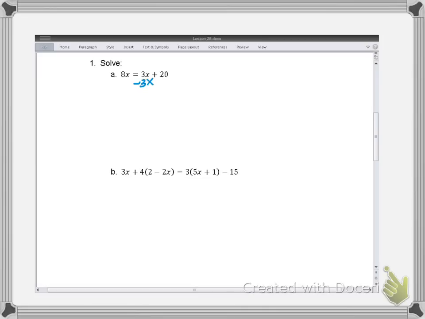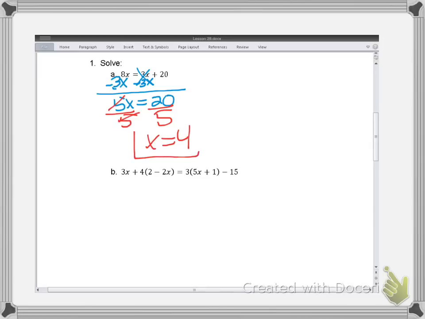So subtract 3x on both sides. And that will give us 5x on one side equals 20. And then the last step is to isolate the variable. So we would divide by 5 on both sides to get x equals 4. And that's our final answer there.